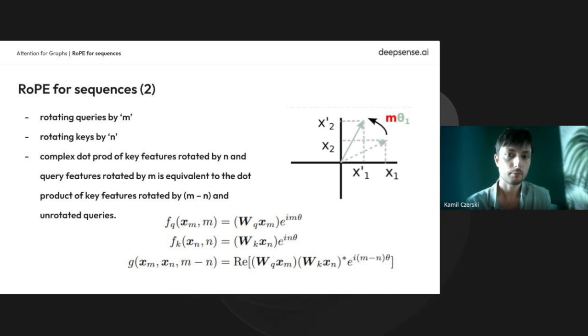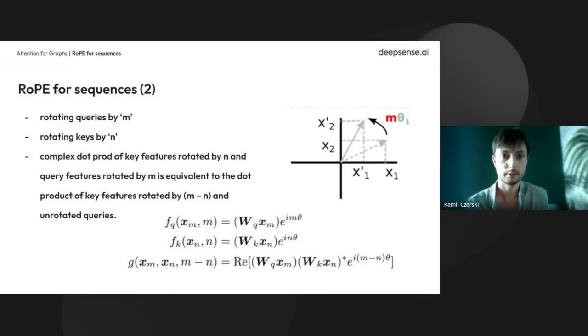I would start from a key property of these rotations. So we will be doing some rotations on these queries and keys, actually on their features. All these rotations I will discuss are done in pairs. What I mean is that you take your entire feature vector and divide it into pairs of indices.